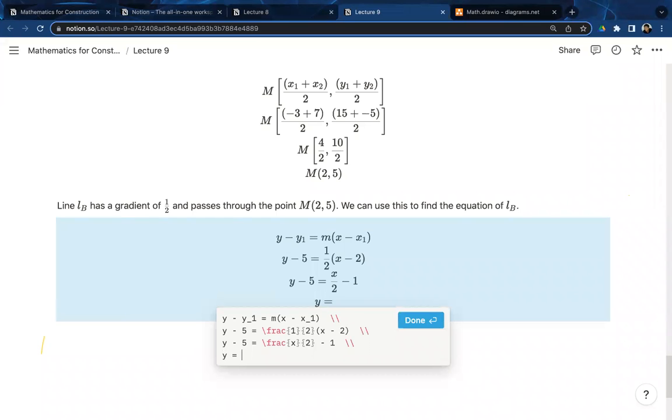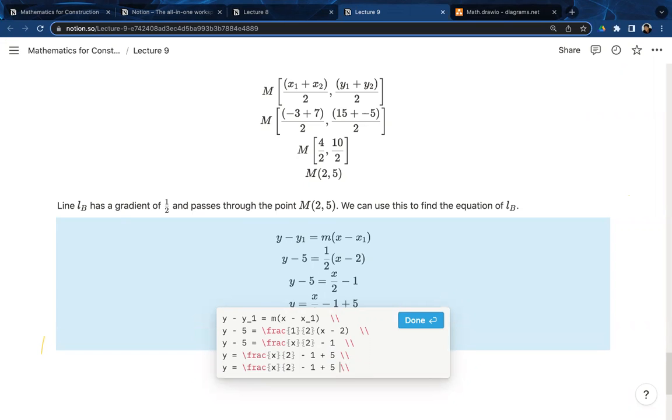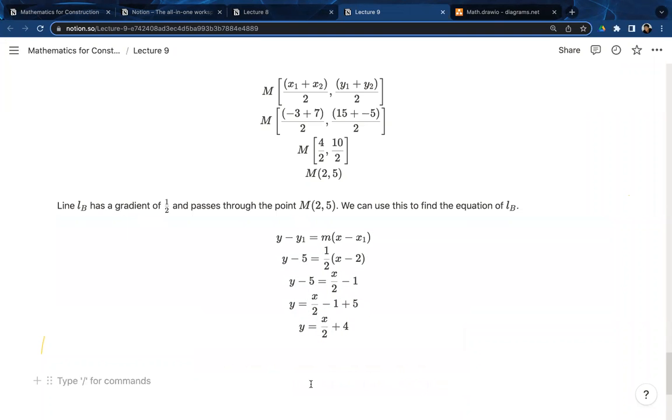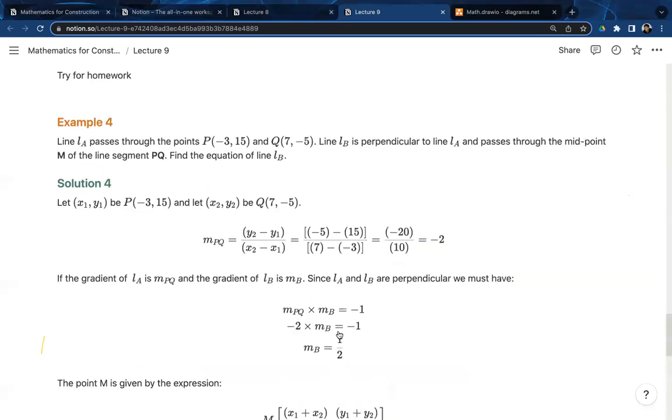Y is equal to x over 2 minus 1 plus 5 plus 4. Right? So this equation is the perpendicular bisector of line segment PQ.